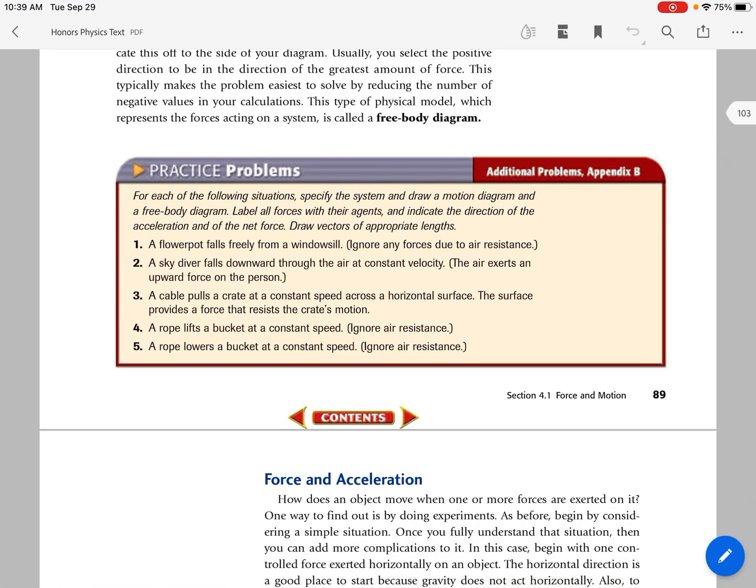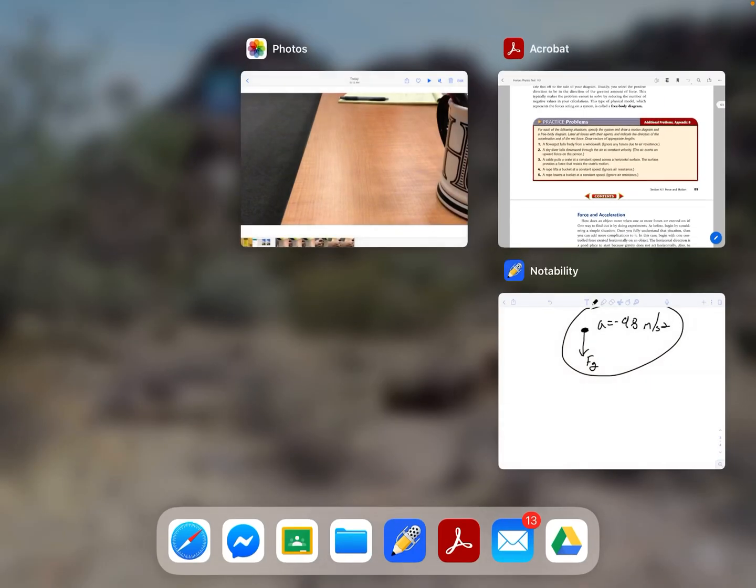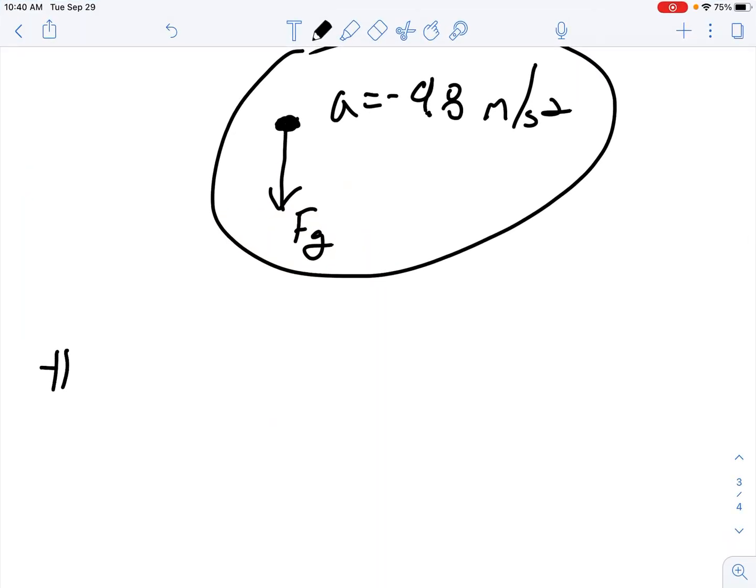Number 2. A skydiver falls downward through the air at constant velocity. The air exerts an upward force on the person. Okay, so this time we've got a skydiver. Gravity's pulling them downward. The air is pushing upwards on them, so this time we're including air resistance.